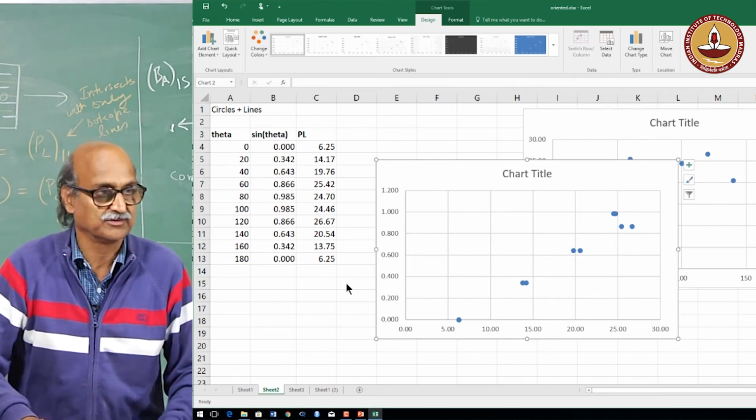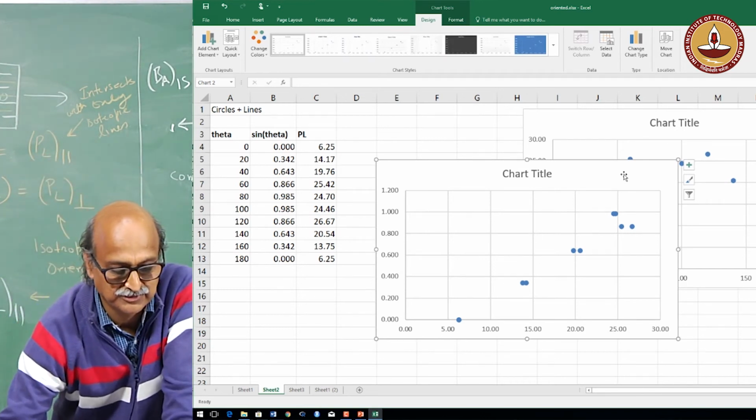I think I plotted this reverse. I will just change it, so sorry about this.